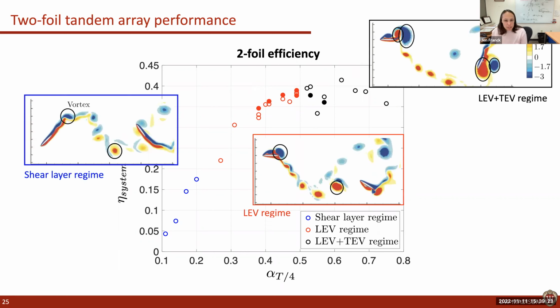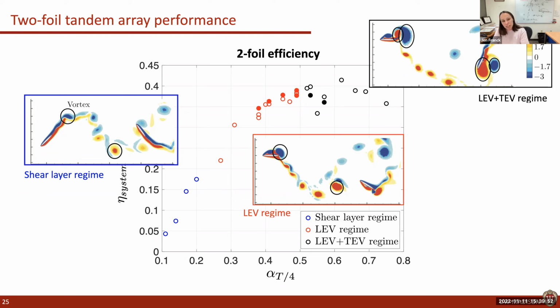And if you look more carefully, each of these dots on the plot is taking the optimal phase angle. So this is the best case scenario when the 2 foils are phased at the optimal phase angle. And we can see how these vortices qualitatively are interacting with the downstream foil.